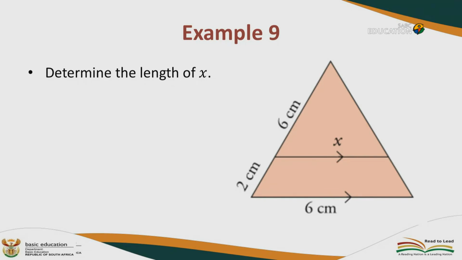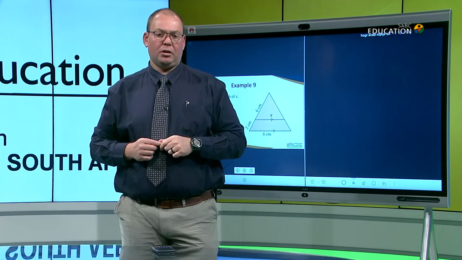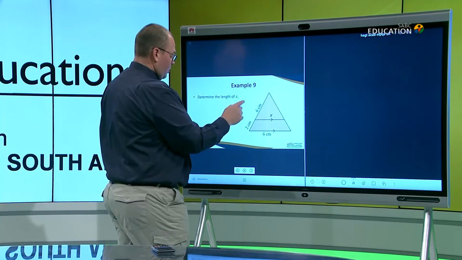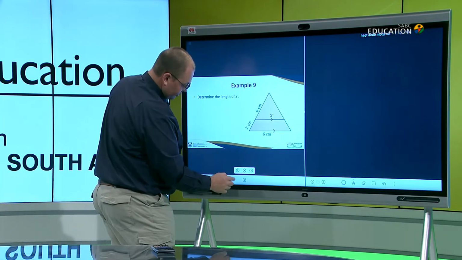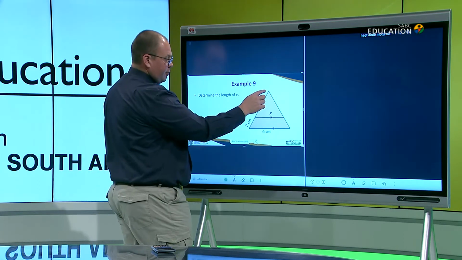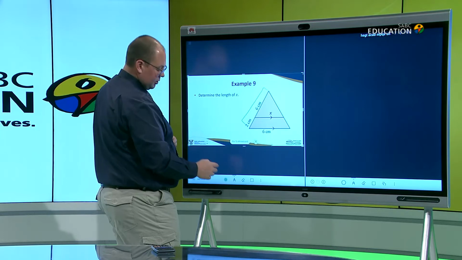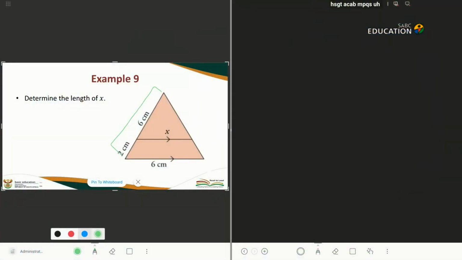Because when you calculate with proportionality, the proportion ratios, we only use the two sides that are being divided by the parallel line, all right? Meaning, I work with these two. Let me mark them for you. Meaning, with proportion, I work with that side and I work with that side.